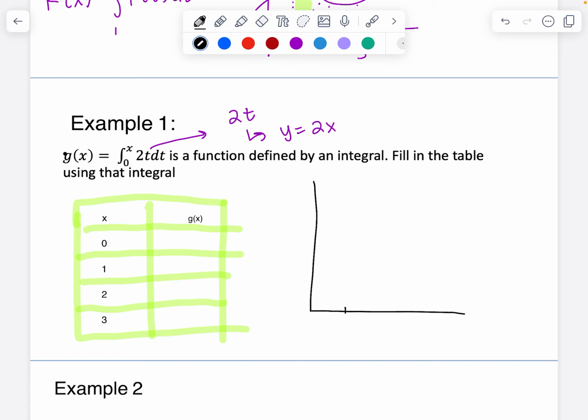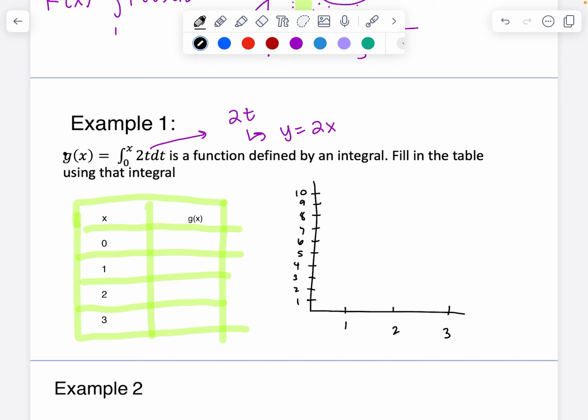So I'm just going to go 1, 2, 3. And then I'm going to go up and count to 10. So 1, 2, 3, 4, 5, 6, 7, 8, 9, 10. Okay, just like that.